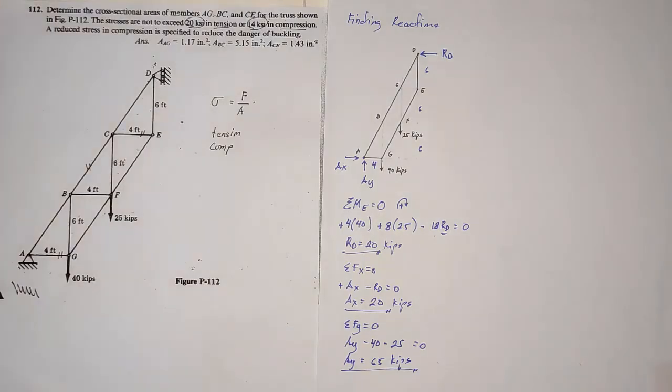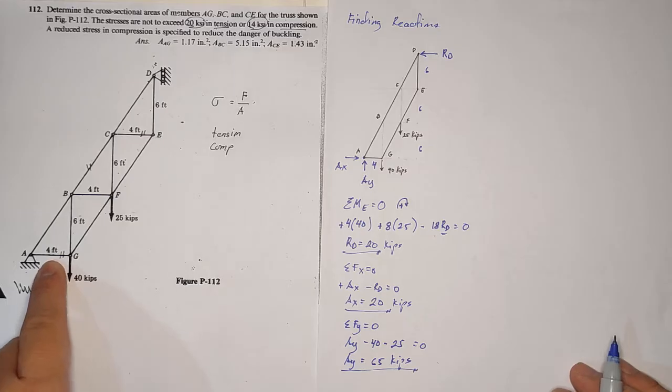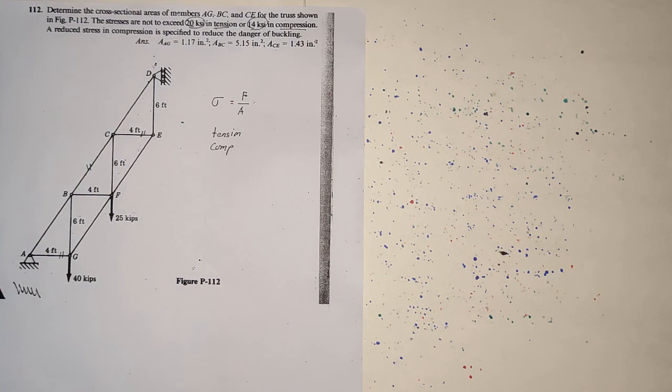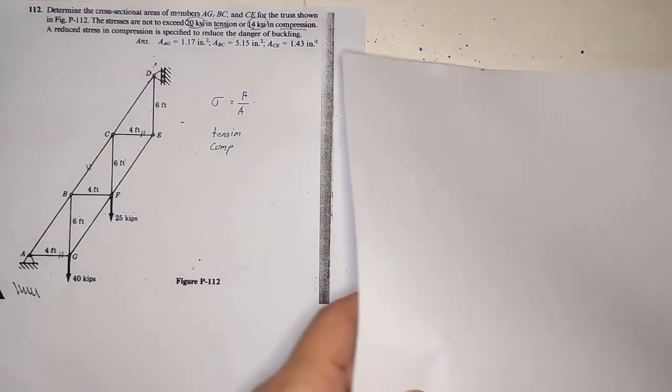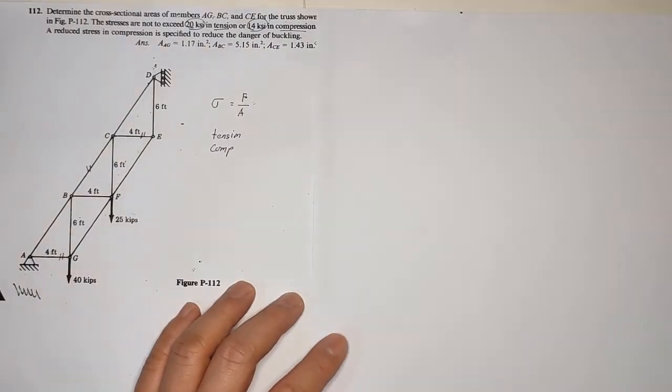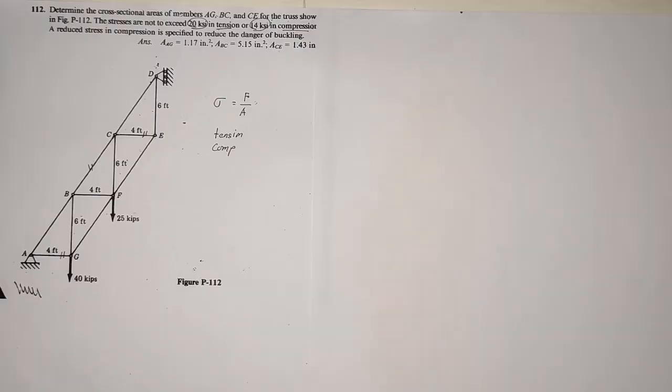If you have the reactions, you can proceed in identifying AG. To find AG, we will be using the joint method.